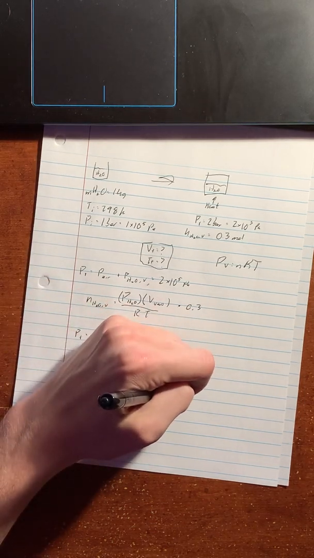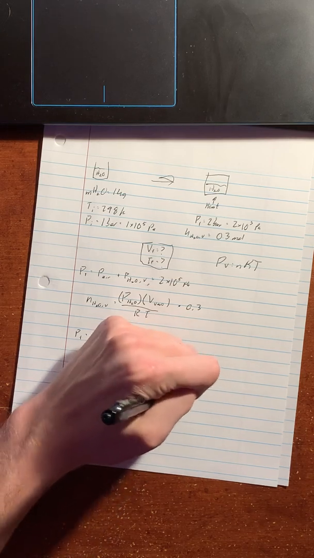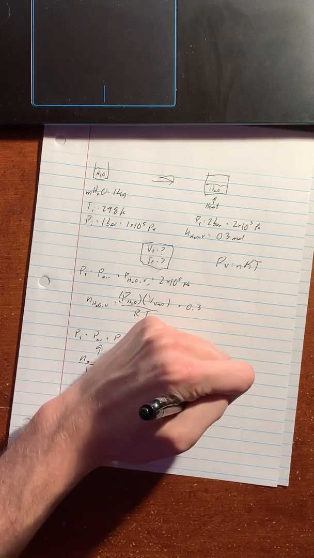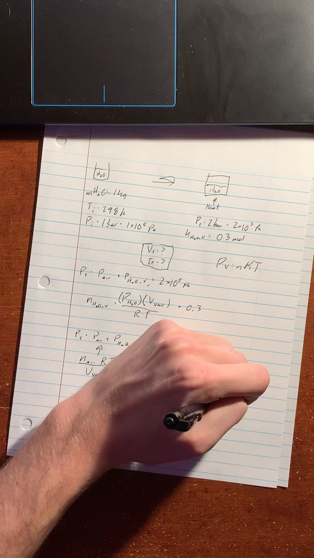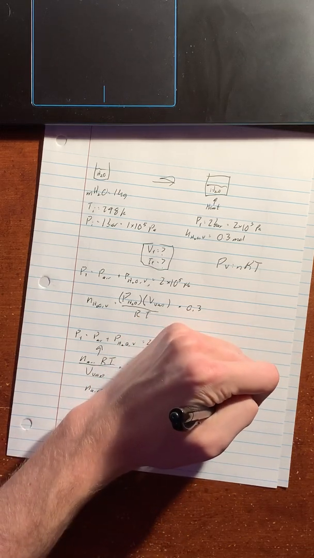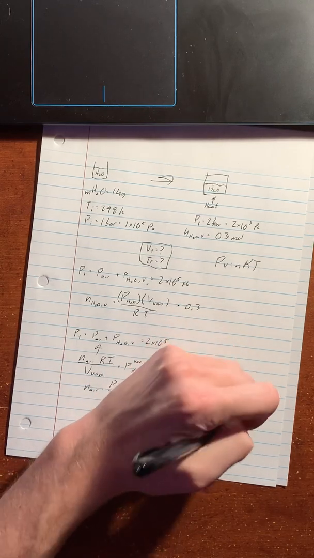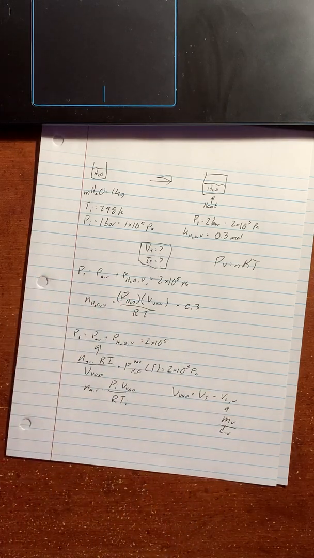Then we can get the equation for the vapor volume over here, which is equal to the final volume minus the volume of the liquid water, which we can calculate by taking the mass of water and dividing it by the density of water.